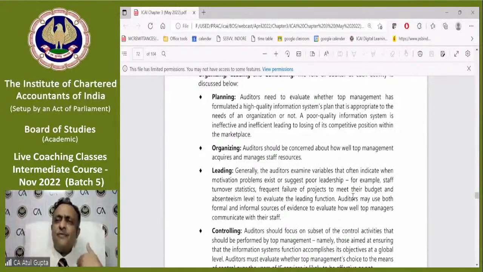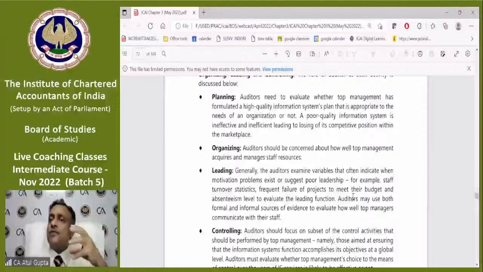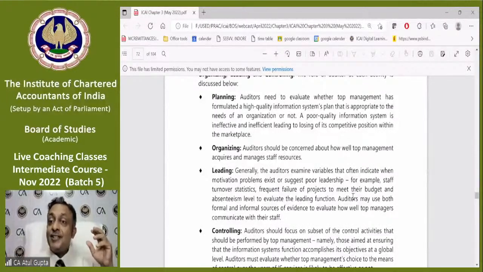That leadership, say for example, how does top management or board of directors or the audit committee or steering committee or high powered committee respond to an issue that is brought. Now see, this itself is very important. There has to be a communication channel from down the line that ensures that the issue that is coming to a shop floor worker or a regular staff, if it has relevance, is brought to the notice of the board of directors.